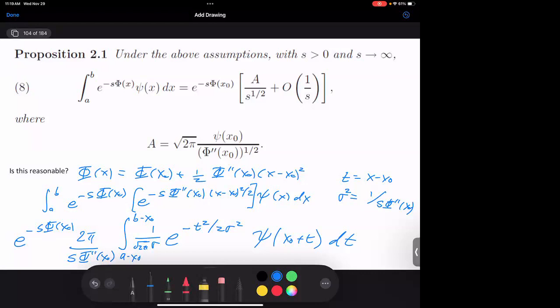Okay. So which value of t is going to be the greatest contribution? When t equals 0. So that's what I'm wondering is, did I normalize things correctly?